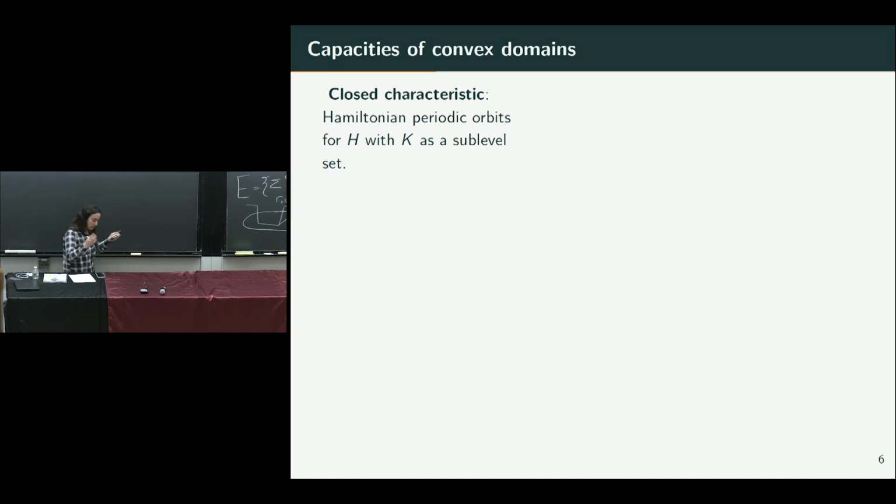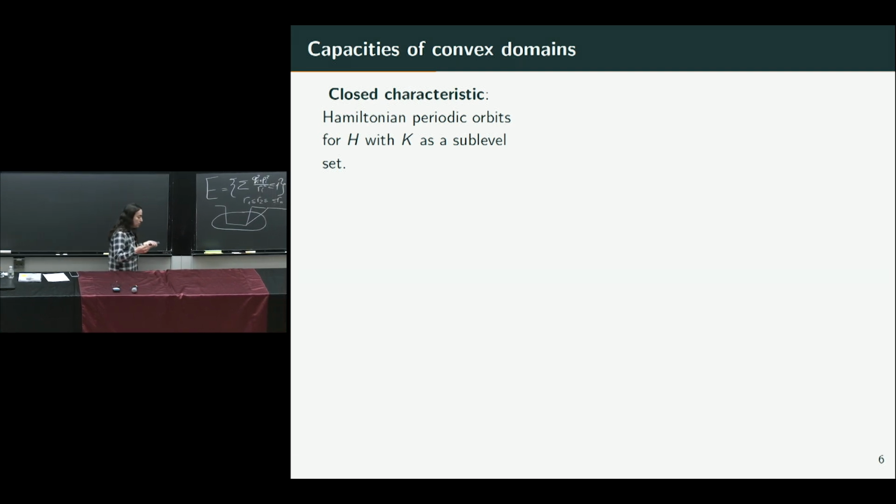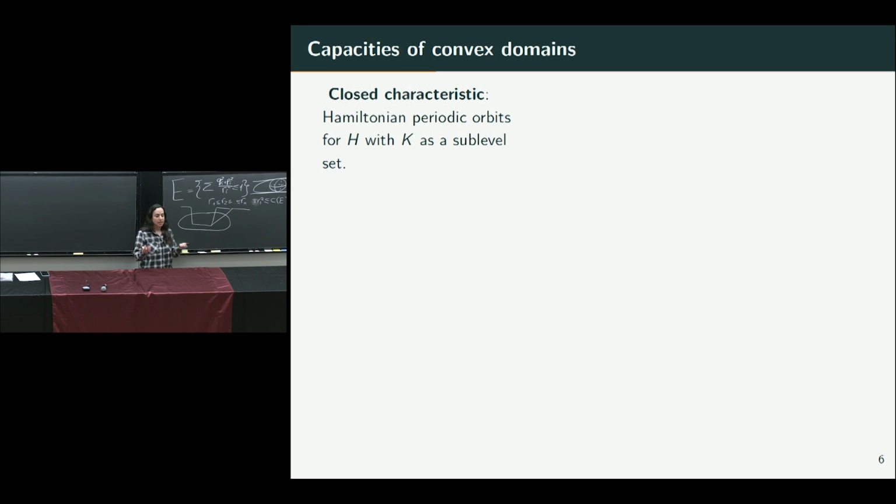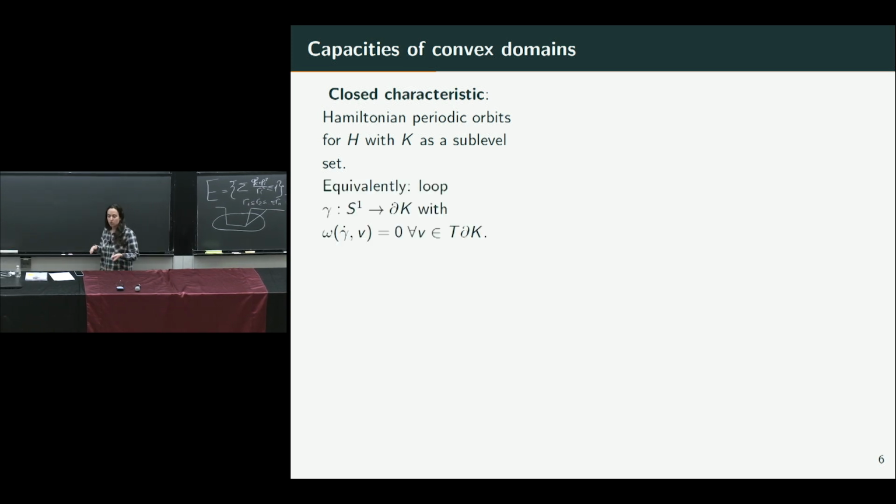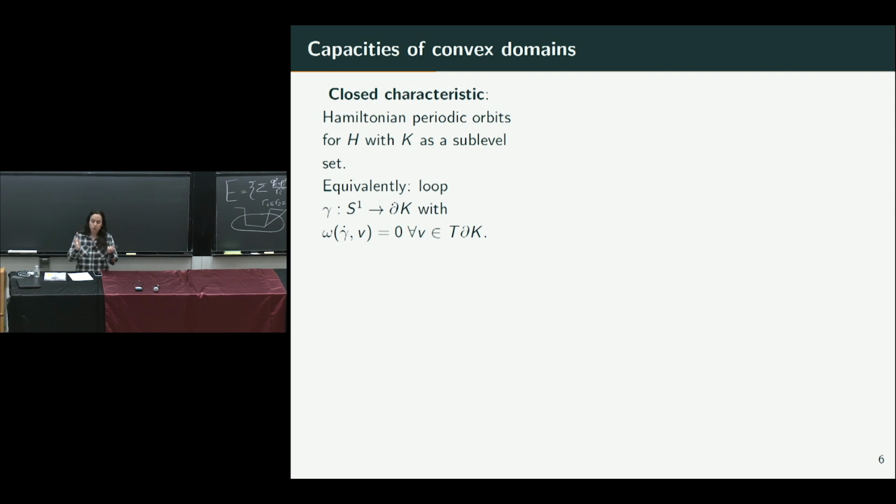And these orbits are actually identical even if I change my H, up to reparametrization. So indeed, these loops are all equivalent to loops such that their velocity belongs to the kernel of omega when looking only at the boundary of my convex domain. Okay, so now I have a quantity which can be defined using only a domain, and I can forget maybe about my Hamiltonian.